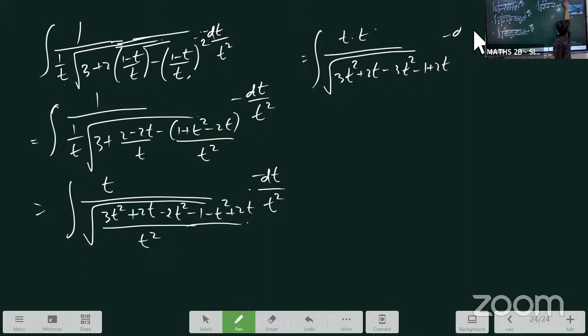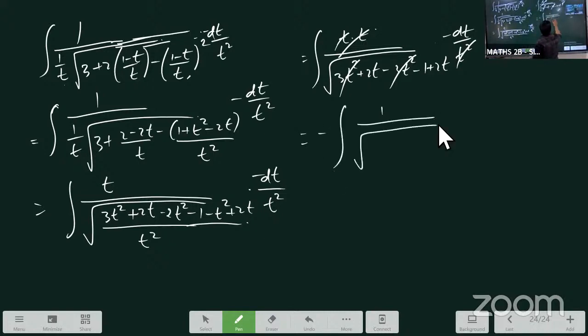And this is minus dt by t square. Now t square gets cancelled, and this also gets cancelled. So that is minus outside, 1 by under root of 4t minus 1 is left out, and this is dt. Yeah, minus will be outside. Okay, this is fine.